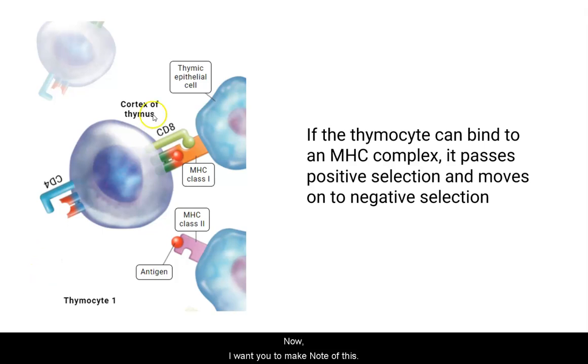Now, I want you to make note of this. CD8 co-receptors are always going to only interact with MHC class 1, whereas the CD4 co-receptors are always going to interact with MHC class 2. Now, if the thymocyte can bind to this MHC complex with the antigen, it's proved that it can recognize self. So it's going to pass positive selection and move on to negative selection.